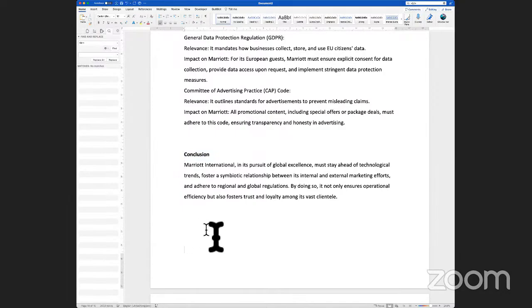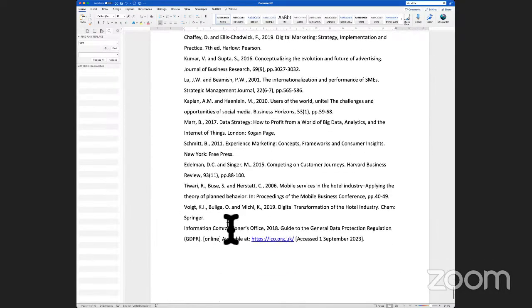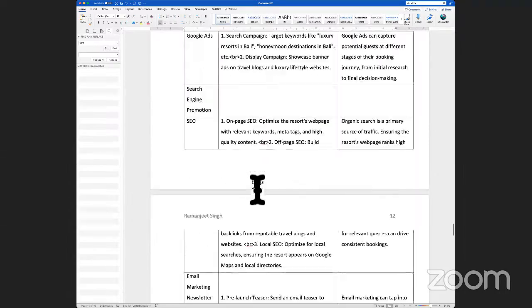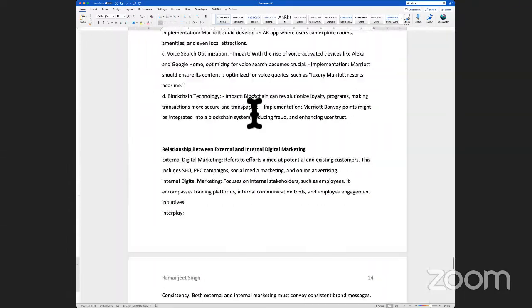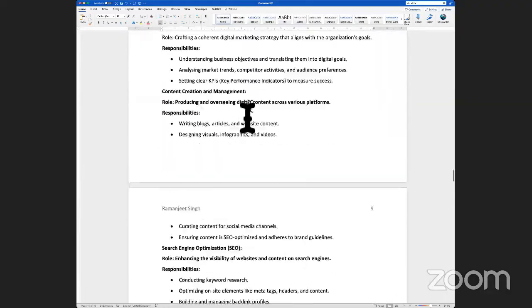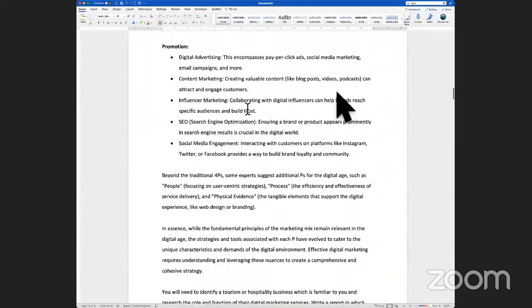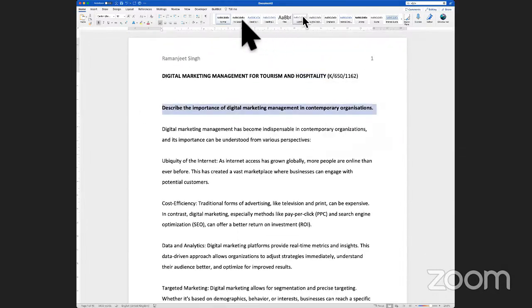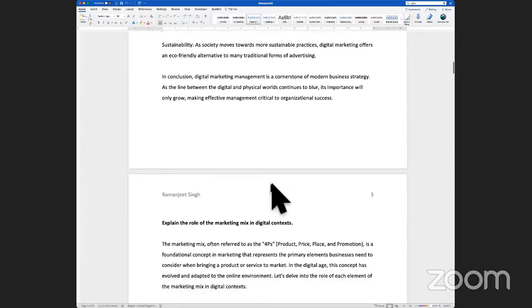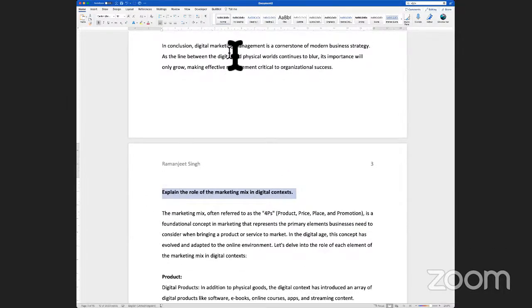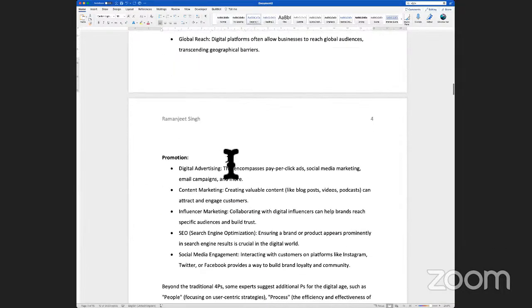Okay, so that is more or less done. One last bit I would quickly go through is creating a quick table of contents, which I can draw up using Word.